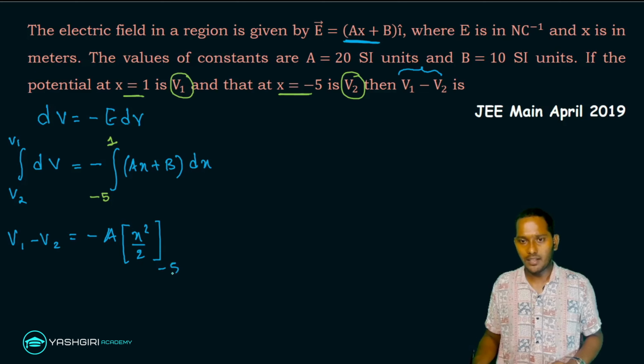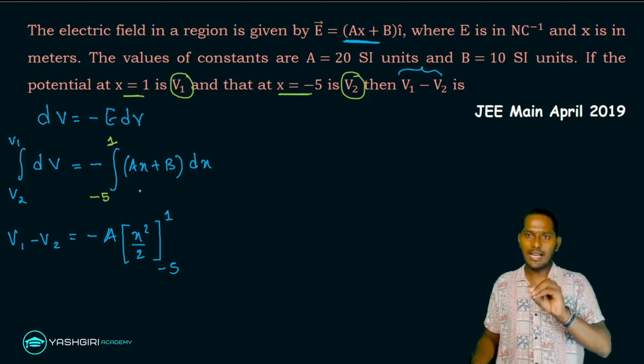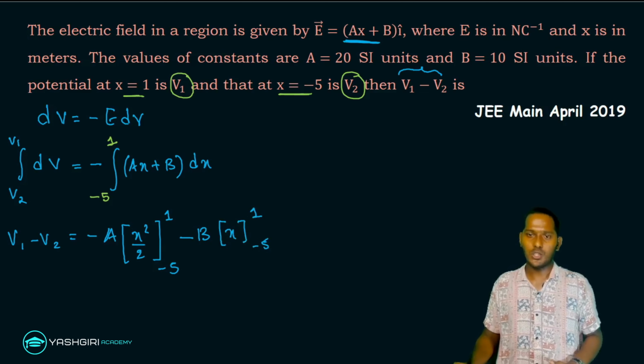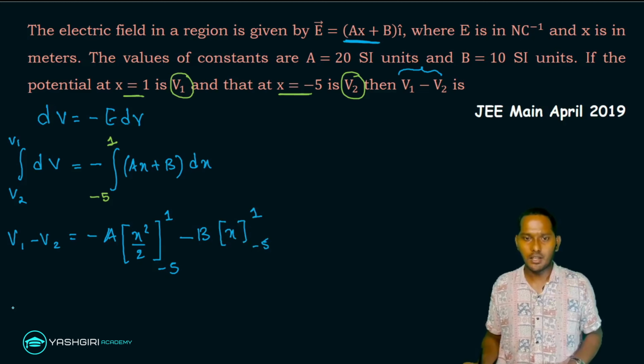Limits will be going from minus 5 to 1, right? And again, that minus into B, right? B is a constant and integration of 1, I know it is going to be x. Limits will be from minus 5 to 1. So now just substitute the limits here in this case.